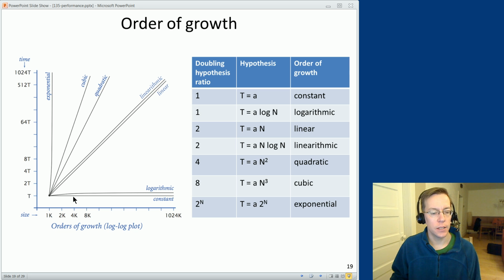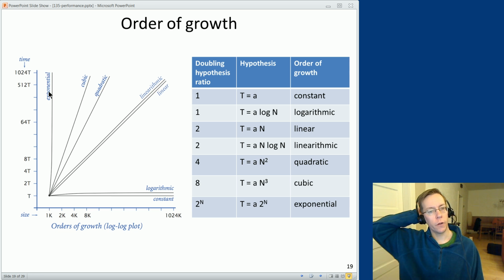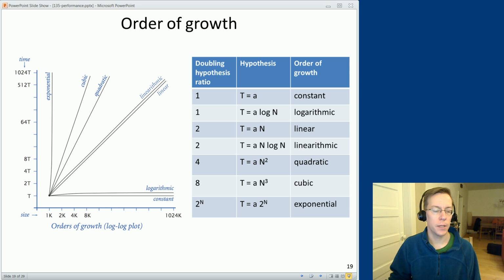And you can see constant and logarithmic quite good. Linear and linearithmic are hanging out together here. Quadratic, cubic, and then exponential is just stupidly bad. It doesn't take long. If your algorithm's order of growth is exponential, you've easily got problems that are too big to solve.